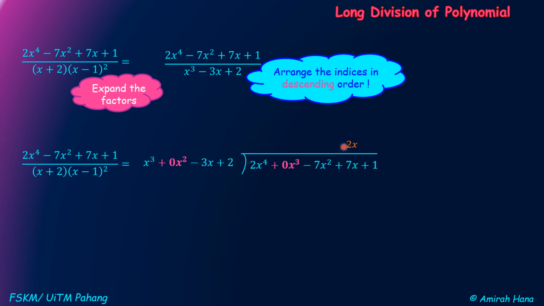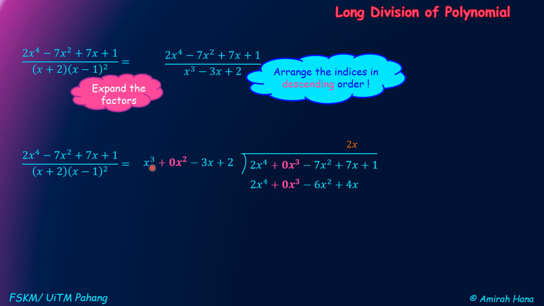We put 2x on top, arranged based on the same coefficient. Then we multiply the divisor by 2x.